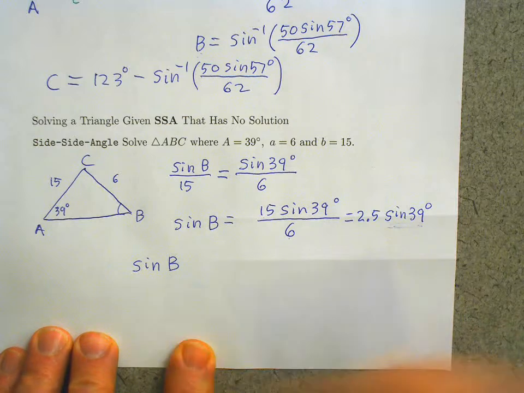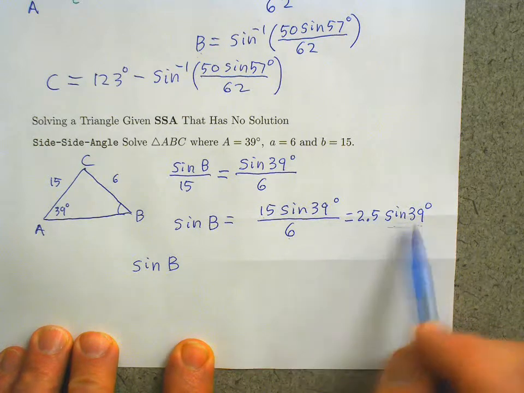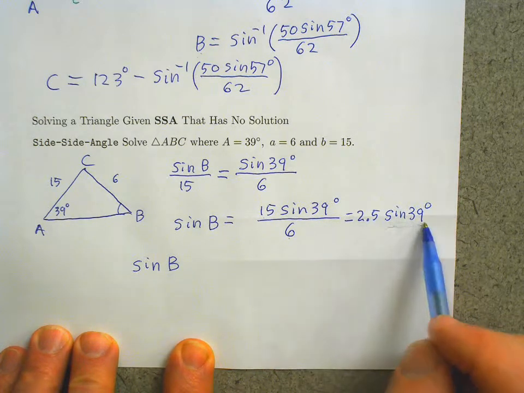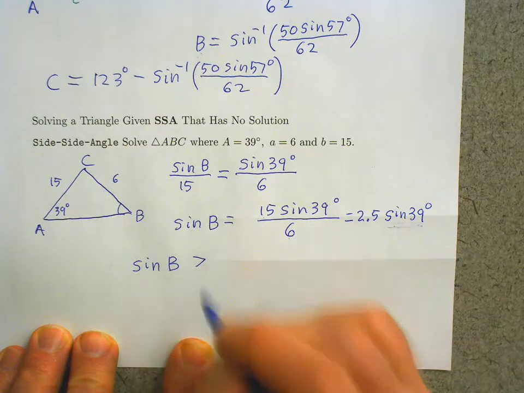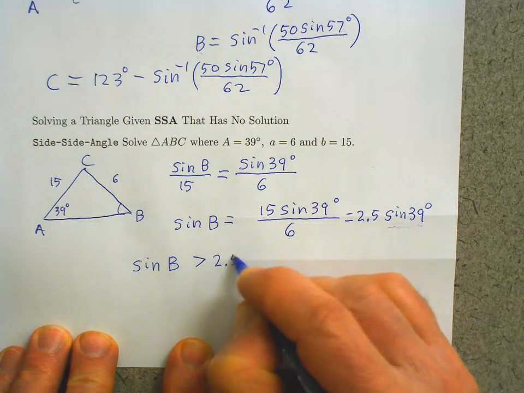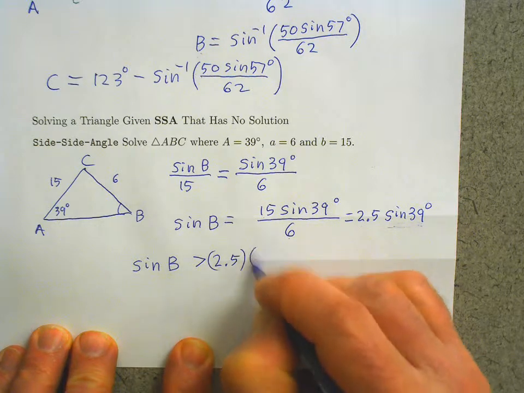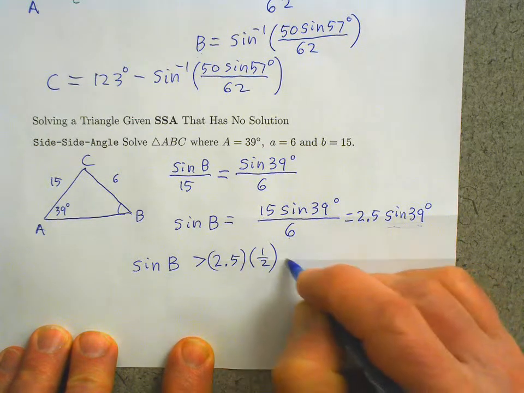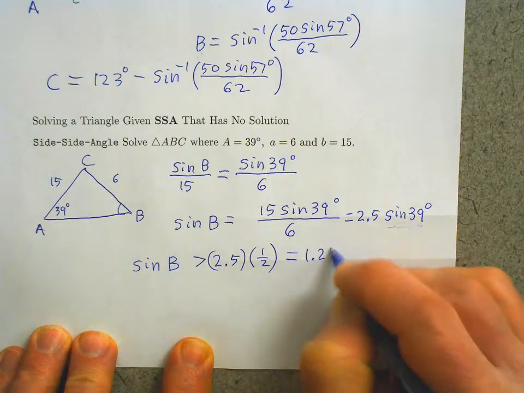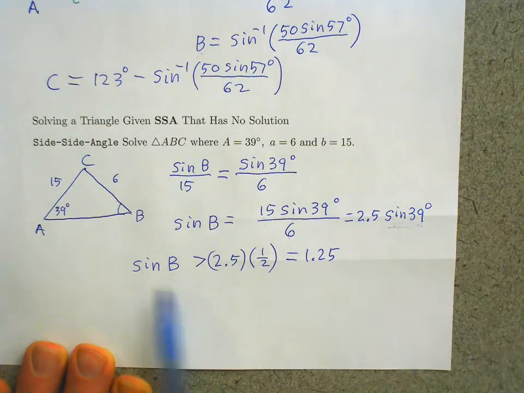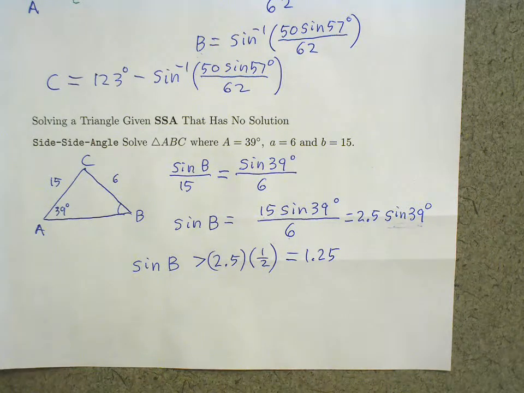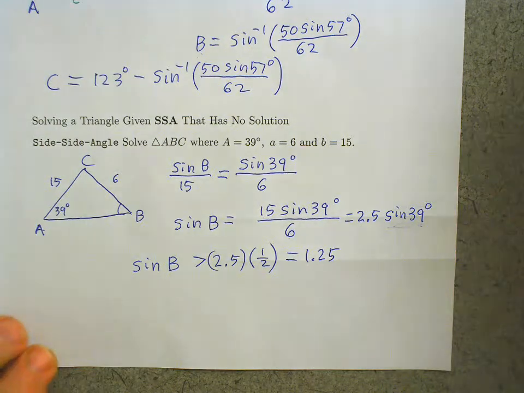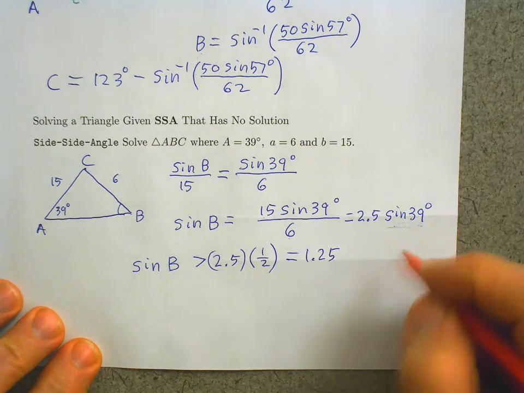So sine of b, which is equal to 2.5 times sine of 39 degrees, is going to be greater than 2.5 times 1/2, which is 1.25. But sine of b has to be between -1 and 1. So this can't happen.